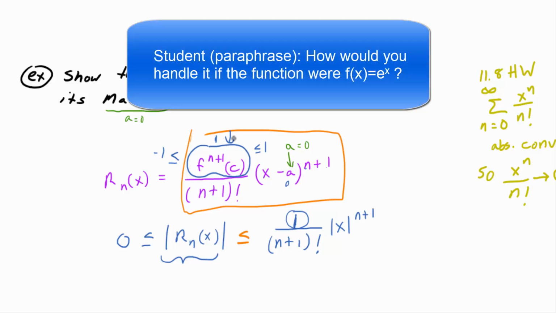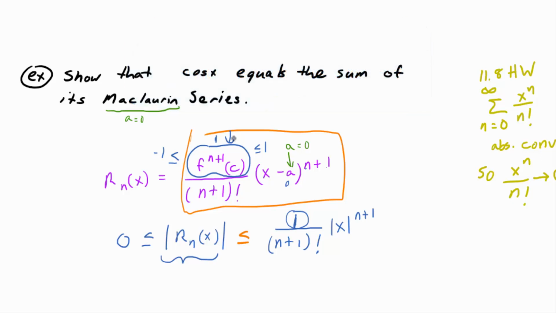So we probably could do this as easily with e to the x or something. Well, with e to the x, the trick is to realize that it's an increasing function. So if you restrict what you're looking at to a finite interval, so if you know a is like 1, you could restrict your interval to be between 0.5 and 1.5 or something like that.